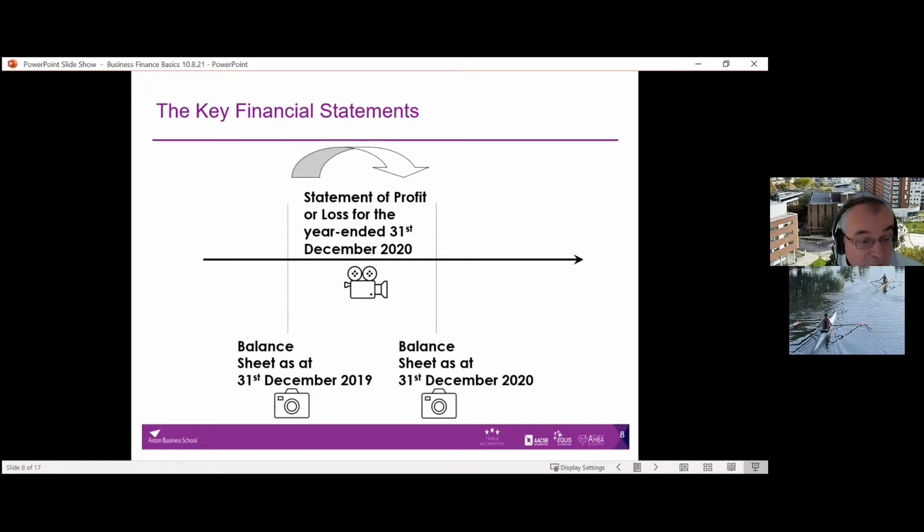So I should explain that I don't think we are responsible for Carillion's demise. But what we learned through working with Carillion is that one of the tricks that they used to employ was to delay paying their suppliers at the year end. And that was a way of photoshopping their balance sheet. By delaying payments to their suppliers, when the balance sheet was produced, there was more cash in that balance sheet than usual.